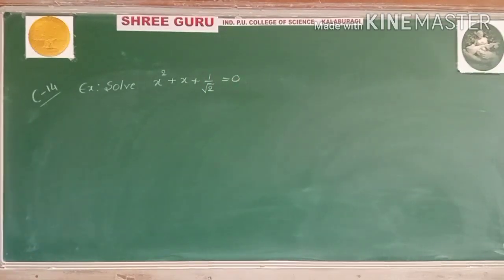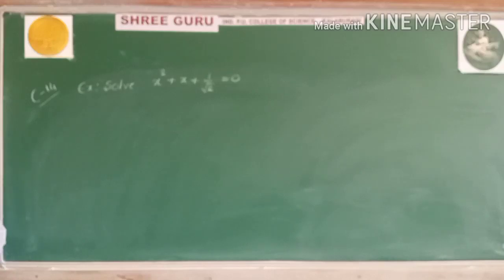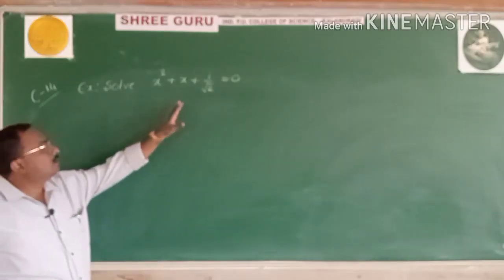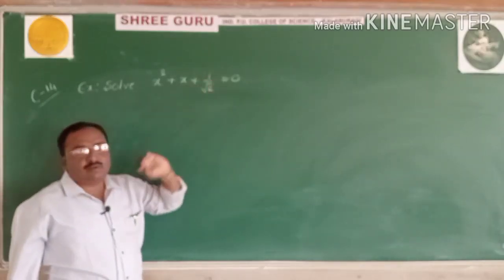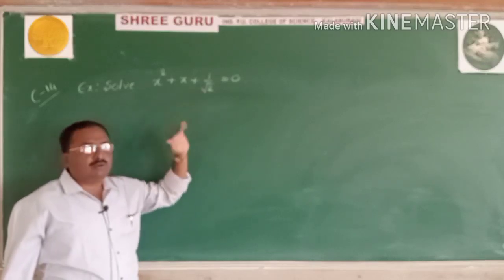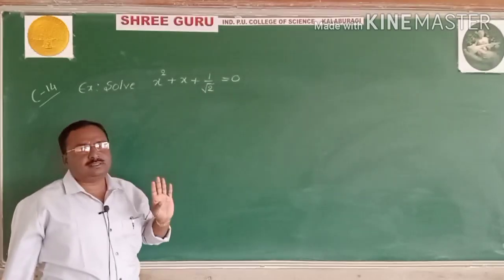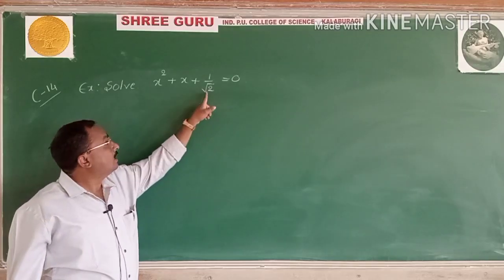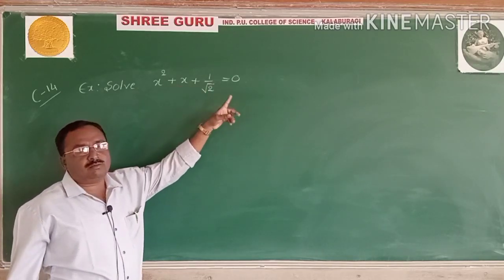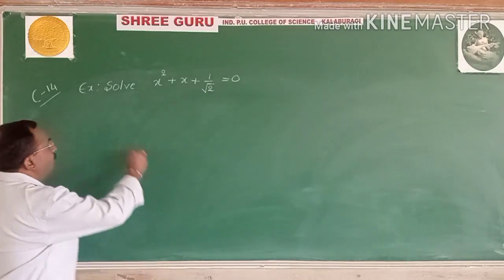This one, solve. Here the constant 1 by root 2 is there. If you take c is equal to 1 by root 2, that is also solvable. Otherwise, multiply by root 2 on both sides to get polynomial form.